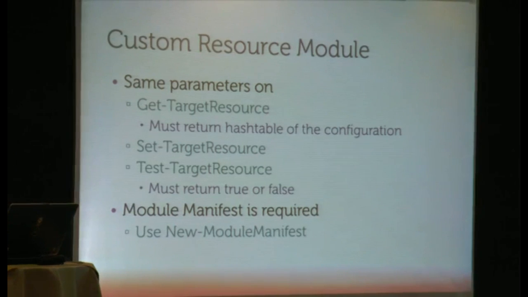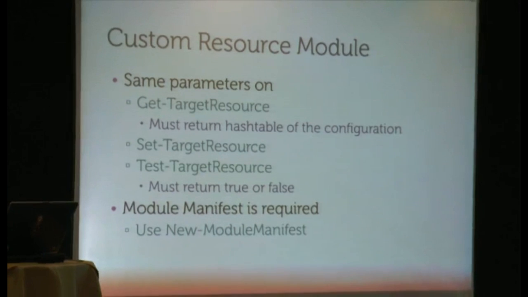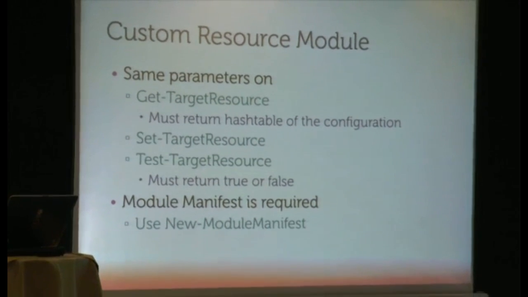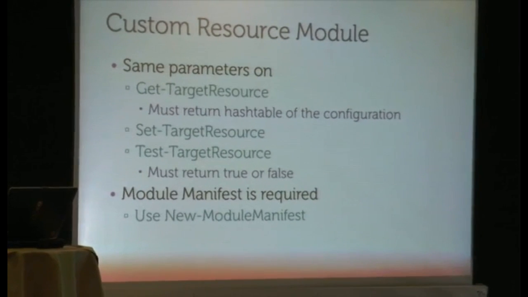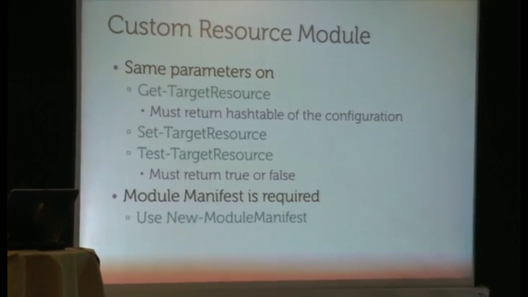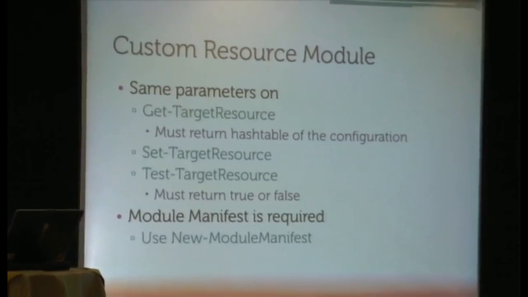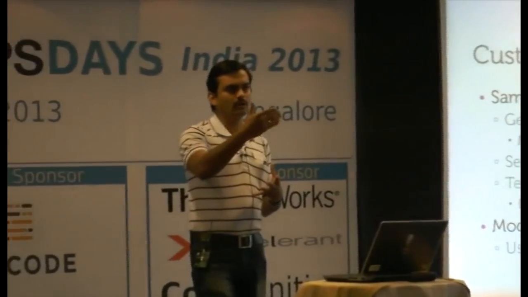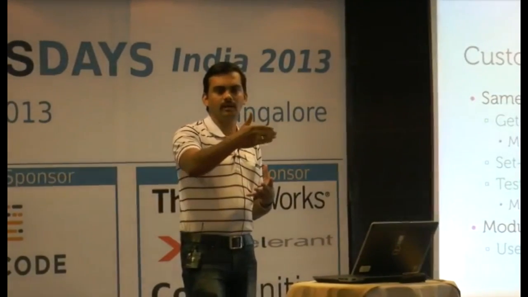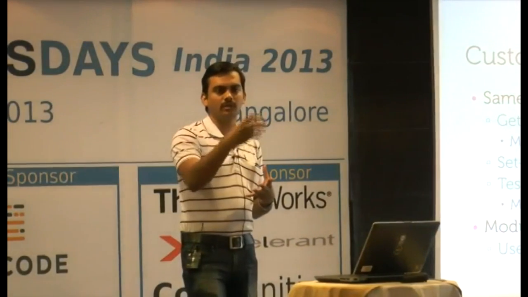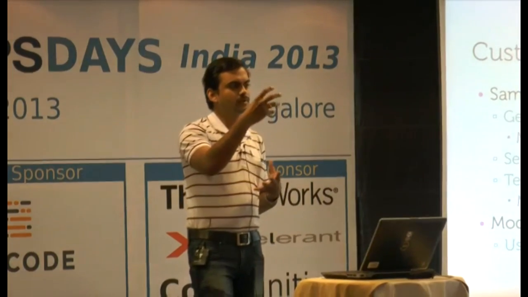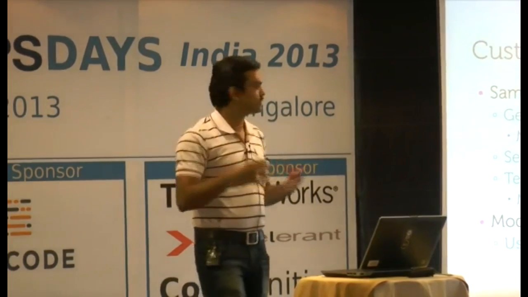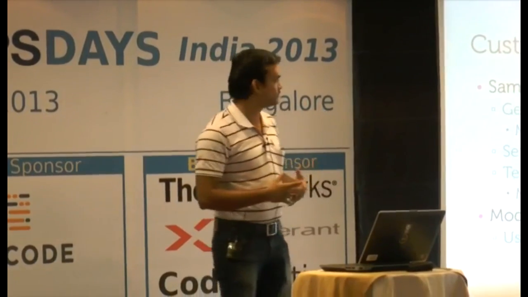Okay. For example, in the earlier example, I had a host IP address and a host name. When someone does a get target resource for the particular host file resource, it should return a hash table of the contents of whatever logic that you have. For example, in my case, it will return all the entries that are there in my host file as a hash table, IP address and host name as a key value pair, basically. So that's what the get target resource should always do.